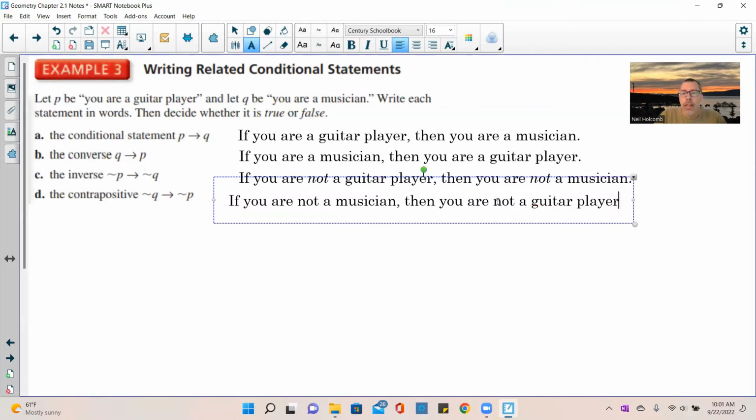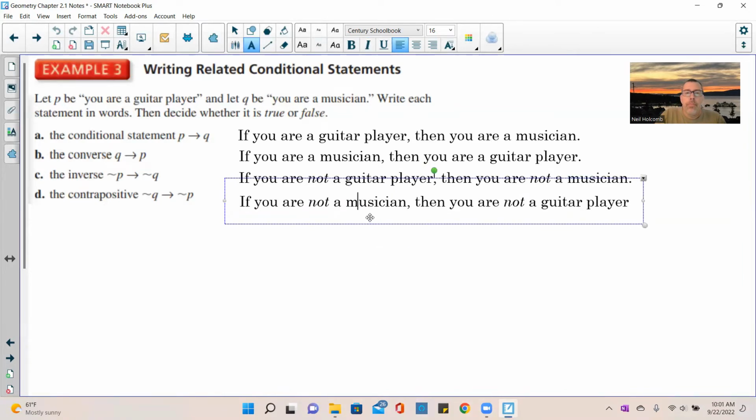And again, let me italicize these nots. Let me line these up. Okay, so here they are.